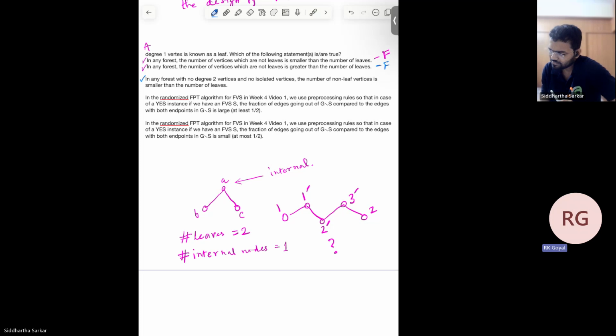So the number of the non-leaf vertices is smaller than the number of the leaves. If we do not allow this straight line kind of thing, then we will have a binary tree-like structure. Then this statement will become true: there would be fewer internal nodes than the number of leaves. So this seems to be true then.